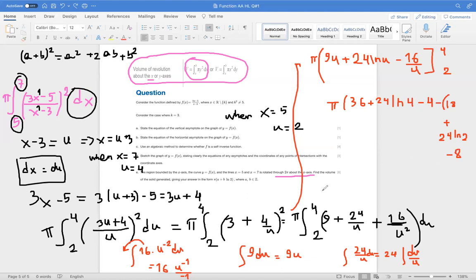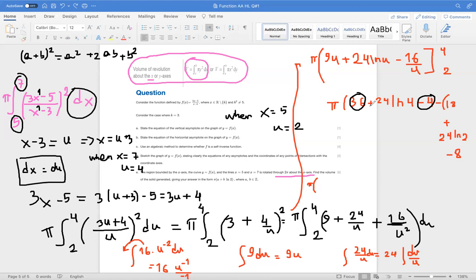Okay, so then I still have pi outside of my bracket. So 36 minus, and minus becomes plus. Here it will be 32 and ln u. Okay, let's add the integer numbers first. So 36 I have here, minus 4, which will be 32, minus 18 plus 8.